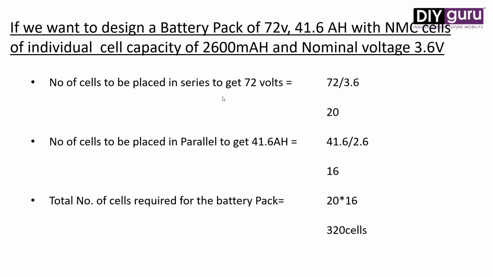To get the desired capacity, that is 41.6 Ah, we have to arrange this set of 20 in parallel. So we would need 41.6 divided by 2.6, that is 16 parallel sets. So 20 cells connected in series, and 16 of those we would need to form a battery of 72 volt and 41.6 Ah.